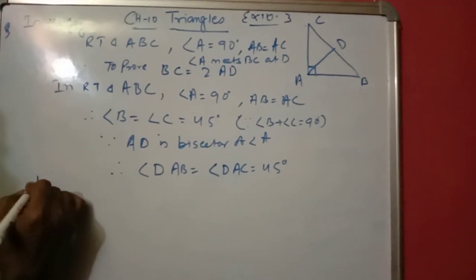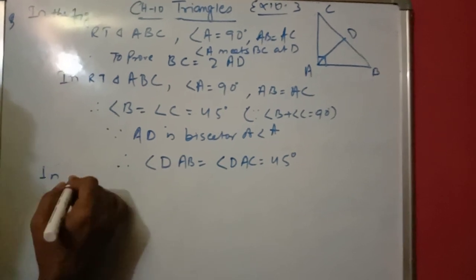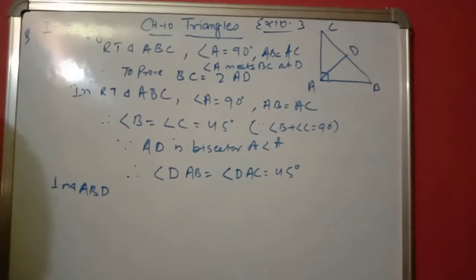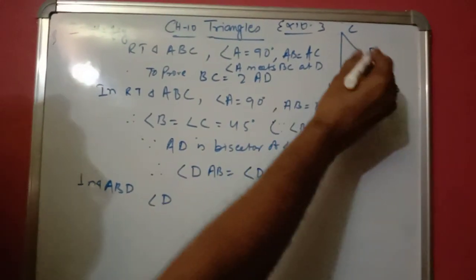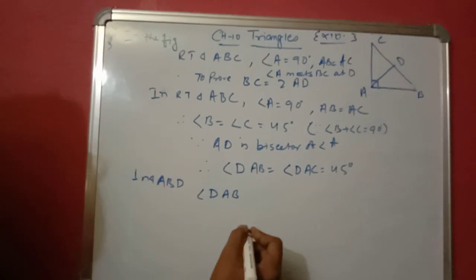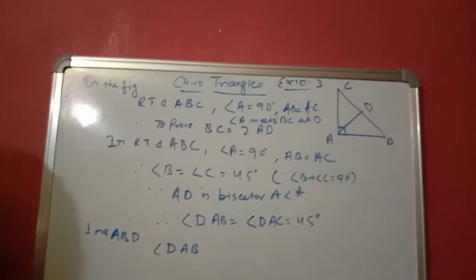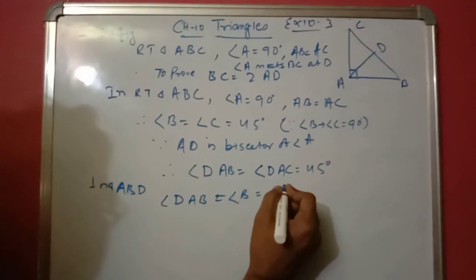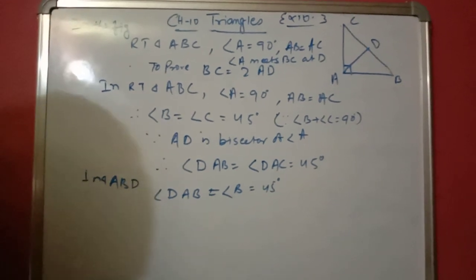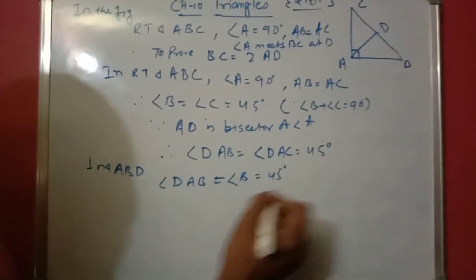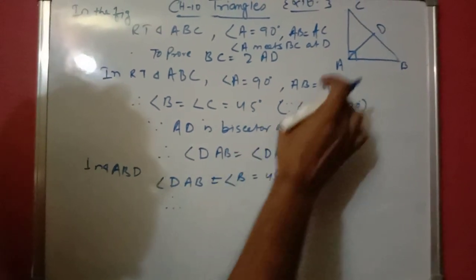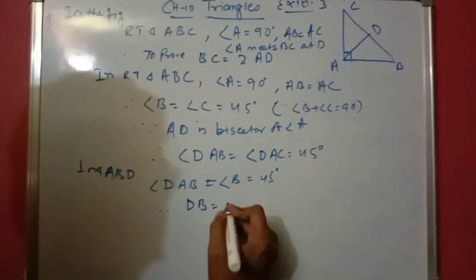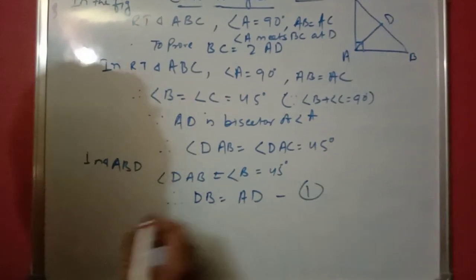Now in triangle ABD, angle DAB equals angle B equals 45 degrees each. Therefore DB equals AD, as sides opposite equal angles. This is equation number 1.